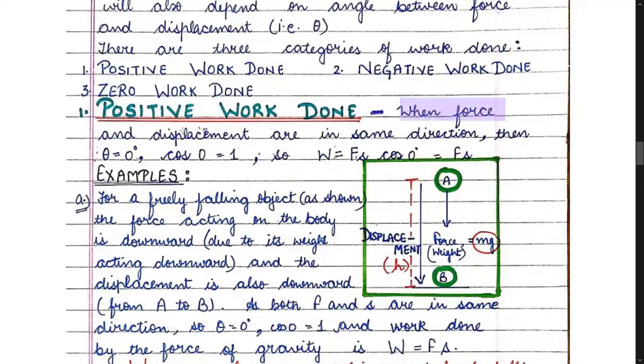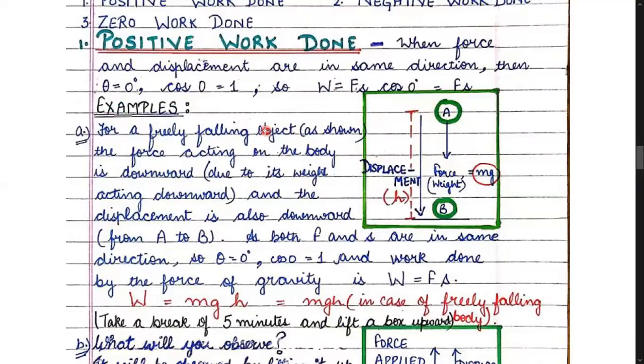Whenever force and displacement are in the same direction, the work done is positive. Why? Because theta is 0 degree and cos 0 is 1. So the formula of work done becomes Fs. So whenever the applied force and displacement are acting along the same direction, work done is positive.